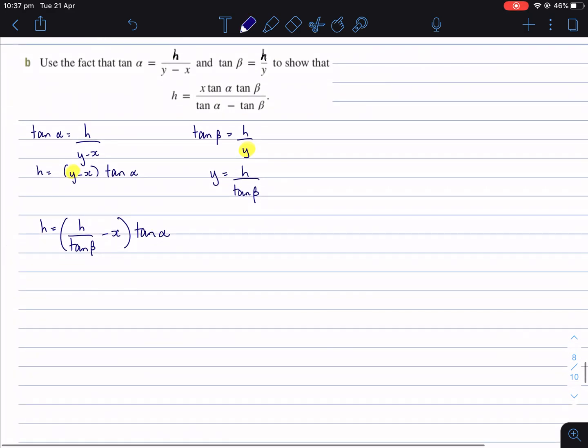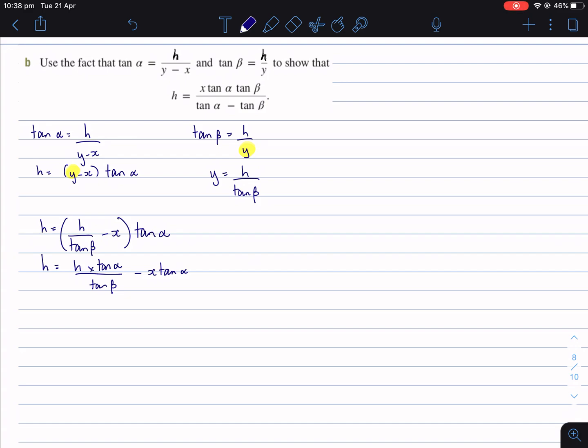Okay, which means I've got h equals h times tan alpha on tan beta take x tan alpha.